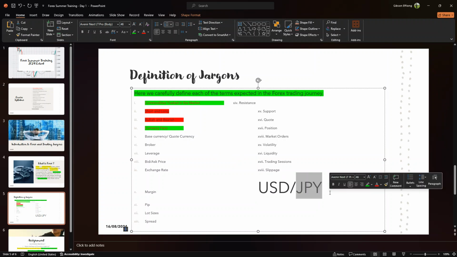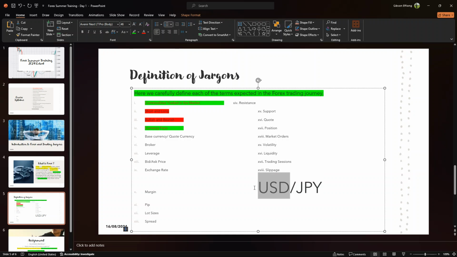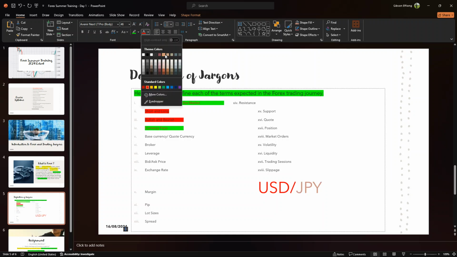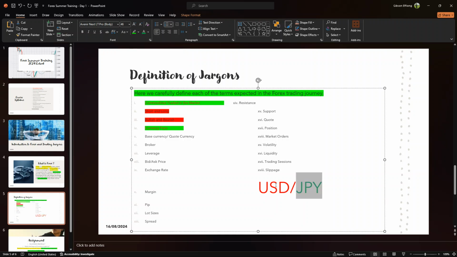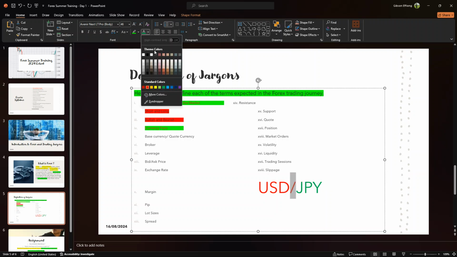In real sense, in market terms, this means the currency I am using to exchange. For instance, as this market stands now, I want to trade this market.